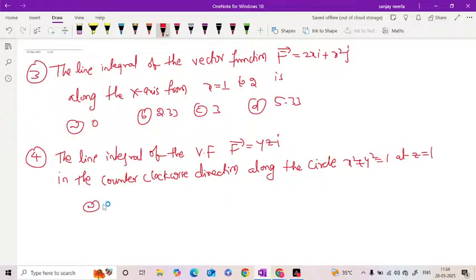Option A 2 pi, option B minus pi and option C pi and option D 2 pi.